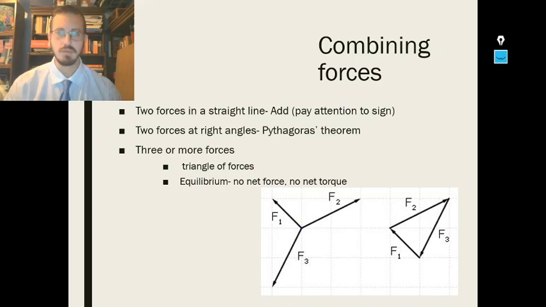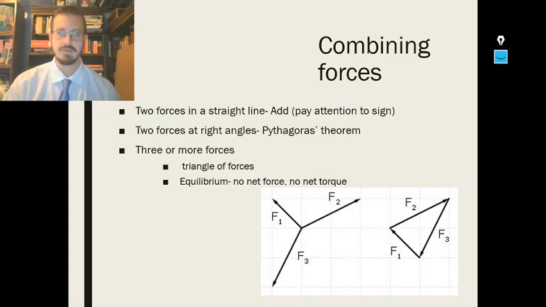If there are three or more forces, we can connect the forces by adding them head to tail. And if indeed they make this triangle of forces that you see in the example down here, so here are three forces acting concurrently on an object, at the tail of each of those vectors.